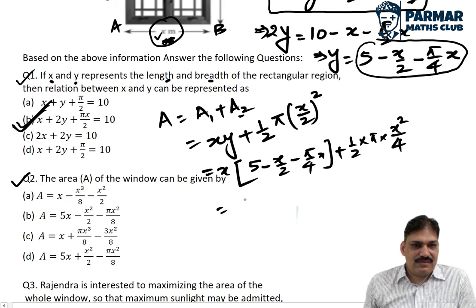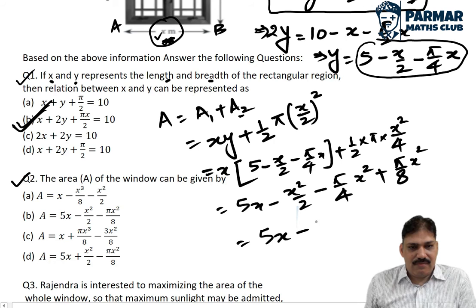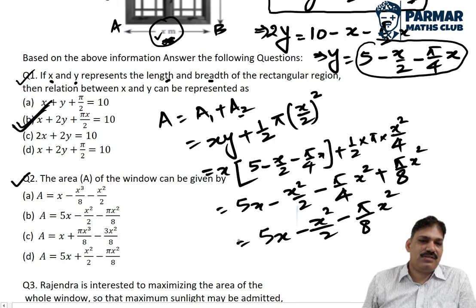This gives us 5x minus x square by 2 minus (pi/4)x square plus (pi/8)x square. On solving, this is 5x minus x square by 2 minus pi by 8 x square. So this is the area in terms of x.